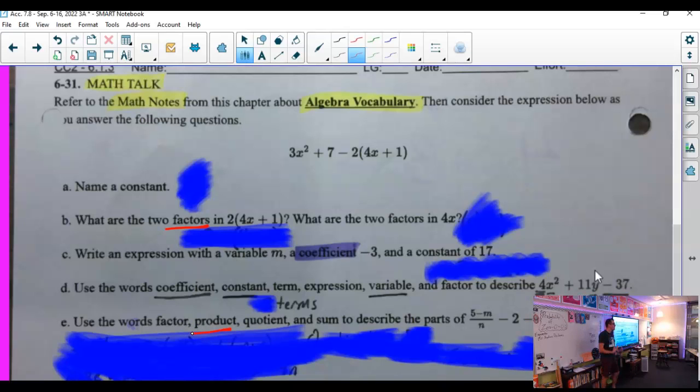What is a product, Zach? Yeah, the answer to the multiplication. A product is the answer that we get from things that are multiplying, because they produce, right? What about a quotient? Ren?